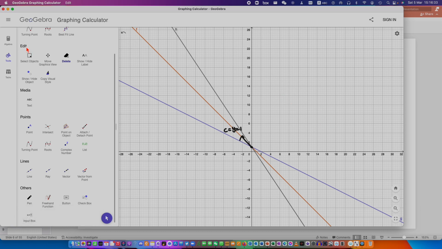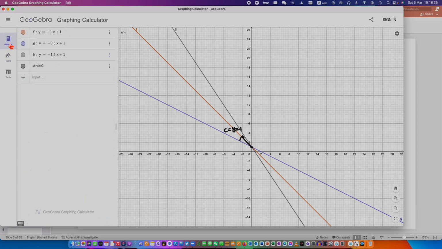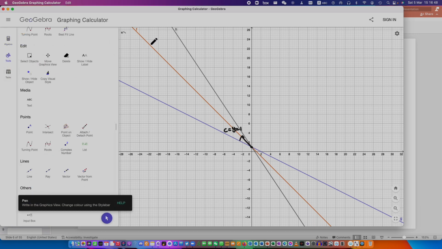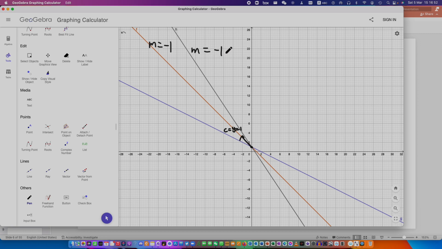Okay, so let's look at this. The orange one is negative 1. The black one is negative 1.5. Then the purple one is negative 0.5. So let me label it. This is m equals negative 1. This is m equals negative 1.5. Then this is m equals negative 0.5.